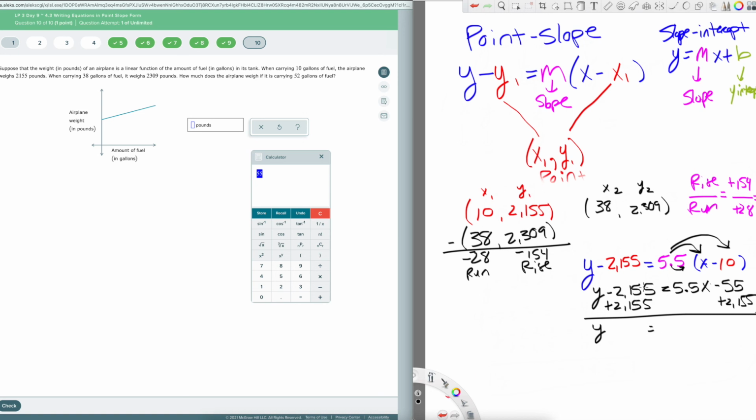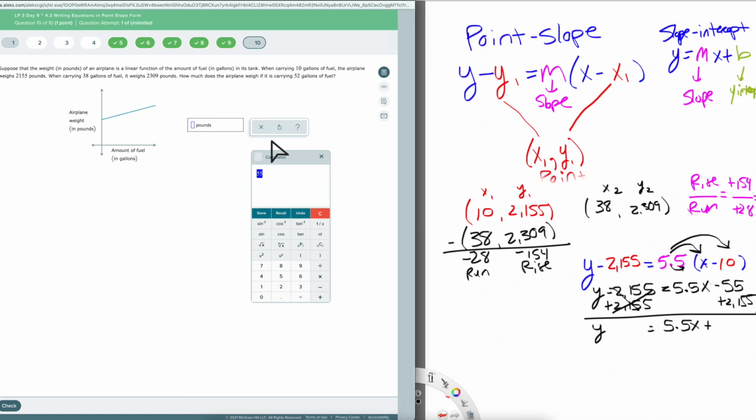So negative 2,155 plus 2,155, they cancel out. And I get 5.5x plus, so I'm going to come back over here, and this was a negative 55.5 times 10, so plus 55, and that's just going to get rid of the 55s, right?